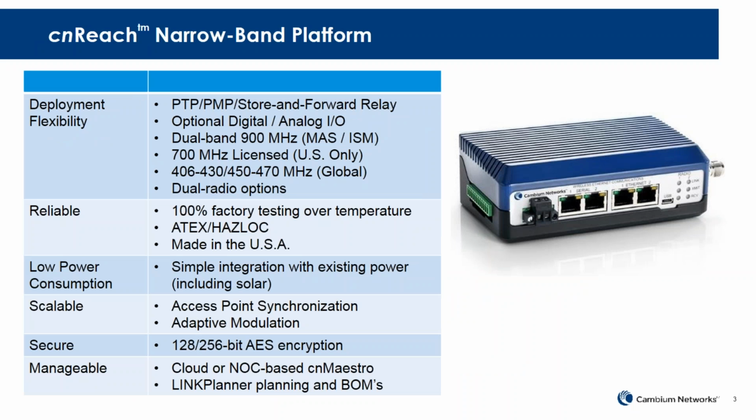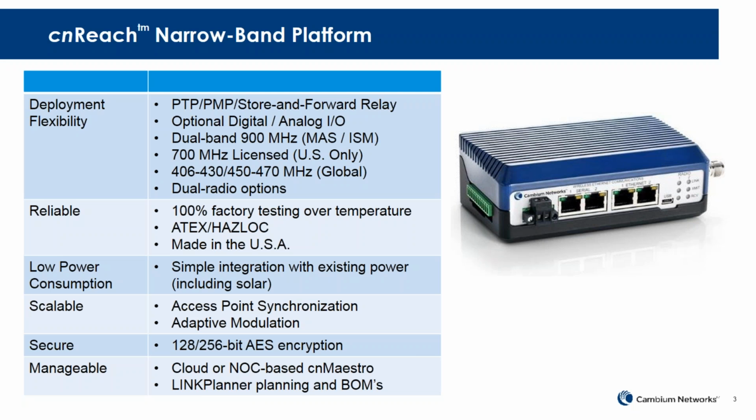The cnReach platform itself, I'll give you just a brief couple slides on that, just to set the context before we dig into the actual management of it. Effectively, cnReach is a narrowband platform, which means it's really tailored towards high reliability, high security, but relatively low capacity links.